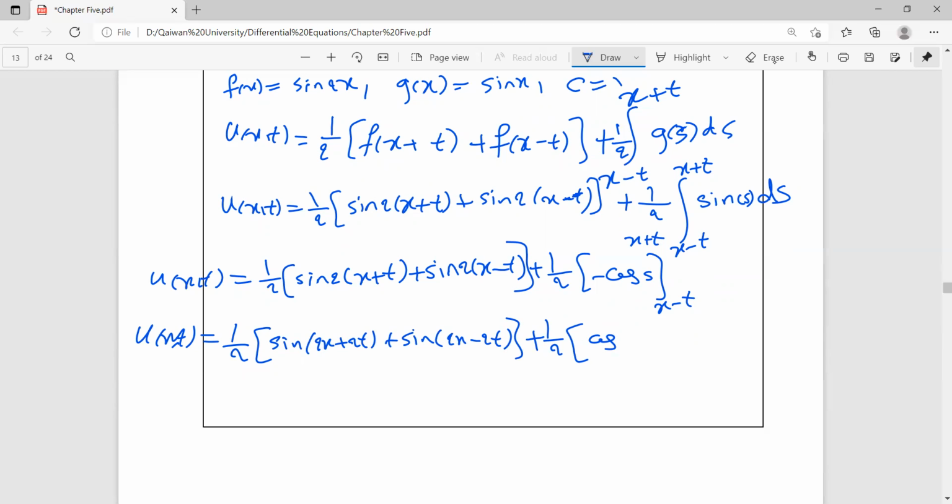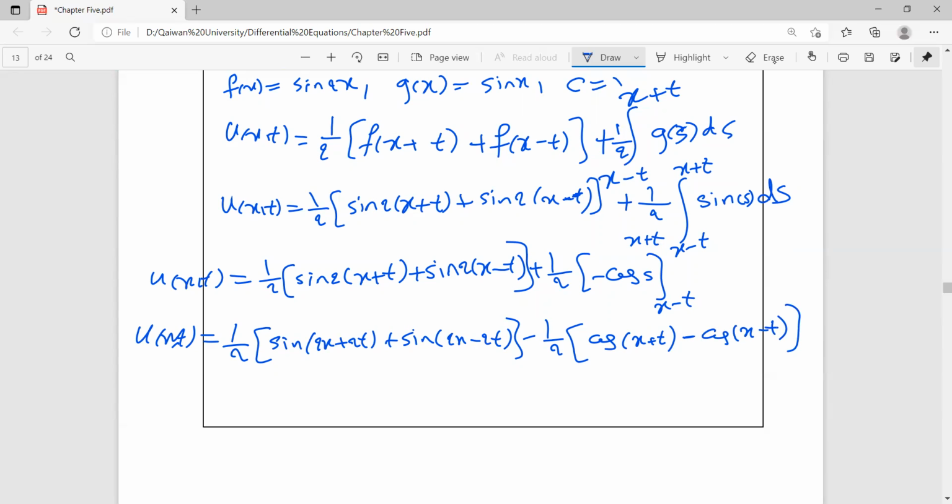Let me bring this minus sign out of the bracket. We get minus a half, cosine of x plus t minus cosine of x minus t.